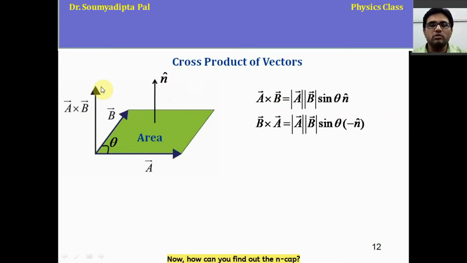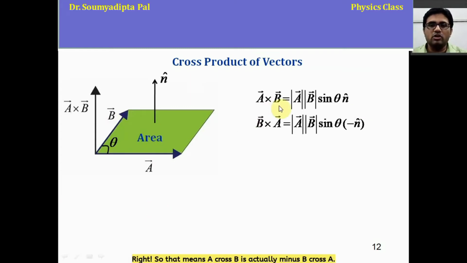Now how can you find out the n cap? You can find it by the right hand screw rule. A cross B means we have to rotate the screw from A to B. Now if we do B cross A, we have to rotate the screw from B to A. In that case, the movement of the screw will be along the negative n cap direction, that means in the downward direction, right?